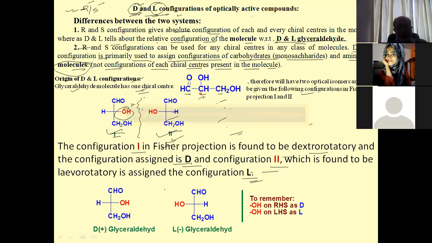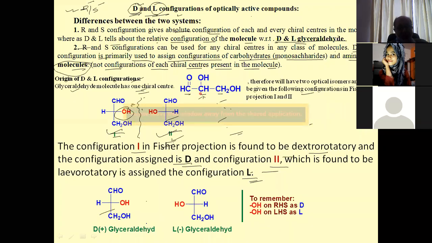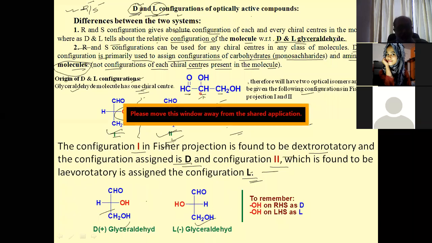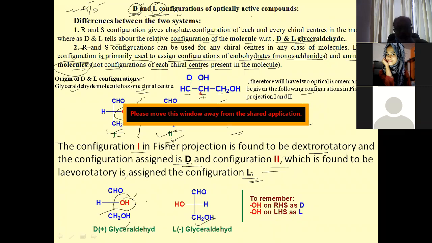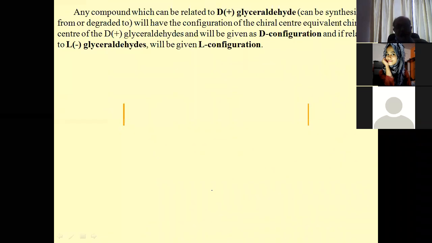So it is D plus glyceraldehyde and L minus glyceraldehyde. The OH group, which is the chiral center, is written on the right hand side in the Fischer projection for D, and on the left hand side for L, just to remember how to do it.